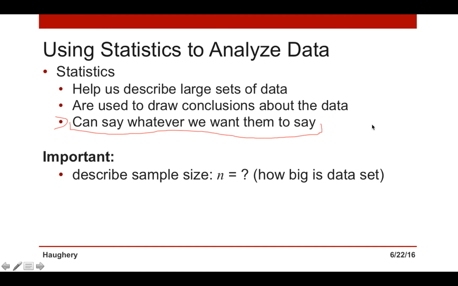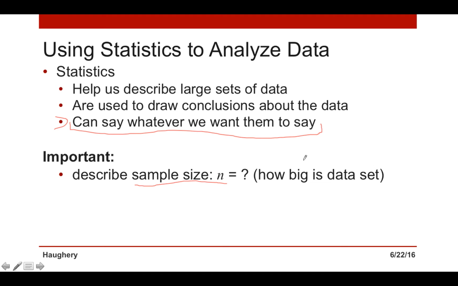So the first and most important part of statistics is the sample size. How many data points, right? Sample size being how many individual points of data or measurements or values you have in your data set. An example could be how many different pieces of equipment did you measure?